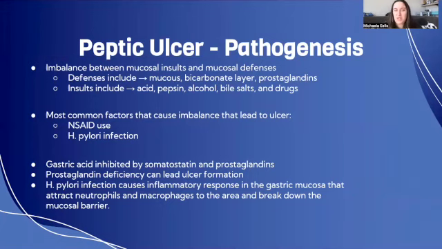Again, the most common factors that cause this imbalance that can lead to an ulcer are NSAID use and H. pylori infection. So gastric acid gets inhibited by somatostatin and prostaglandins, and a prostaglandin deficiency can lead to ulcer formation. An H. pylori infection causes an inflammatory response in the gastric mucosa that attracts neutrophils and macrophages to that area and then breaks down that mucosal barrier.